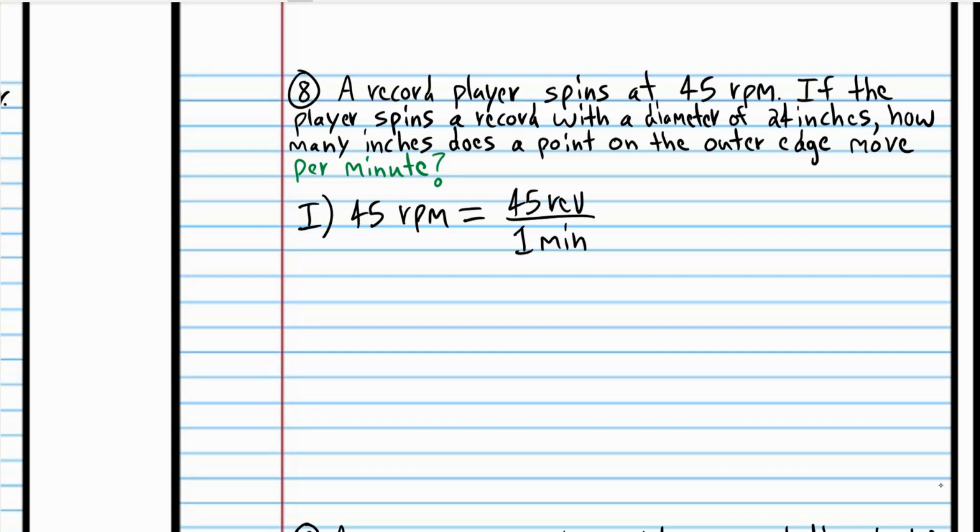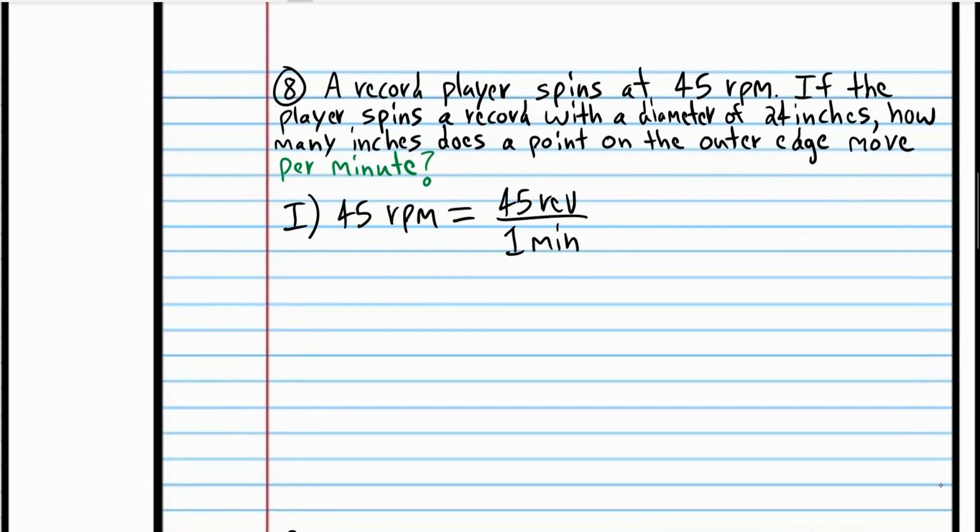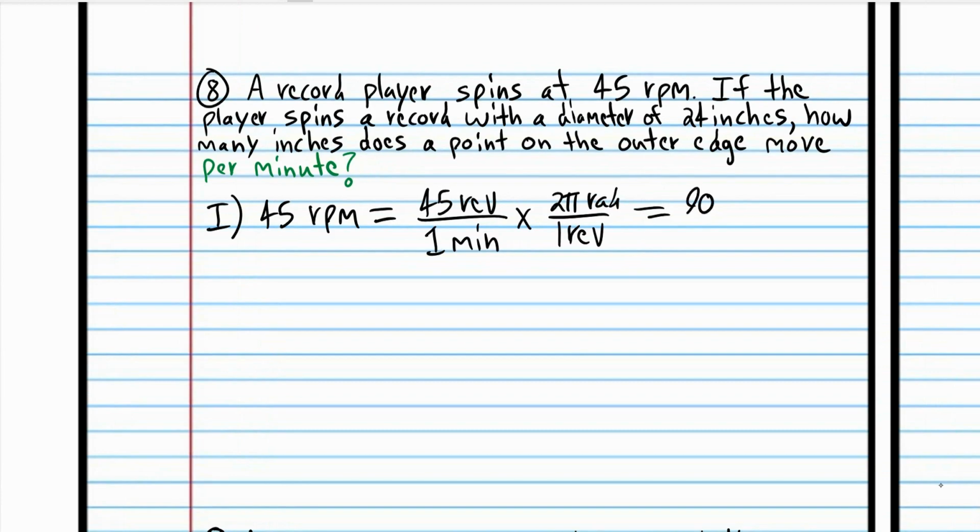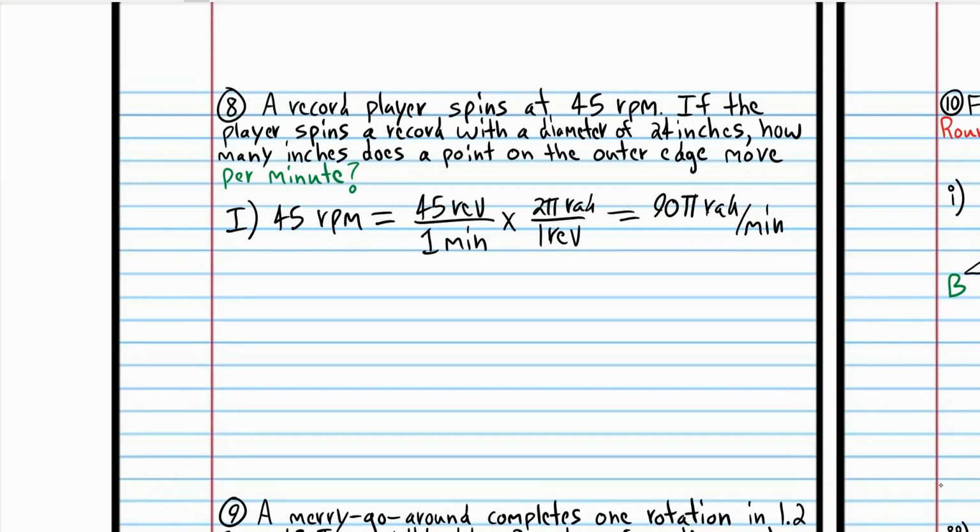But we're going to convert that to radians per minute, and I guess I can do that in one step here. So 1 revolution is 2 pi radians. So we get 90 pi radians per minute. The revolutions canceled out.